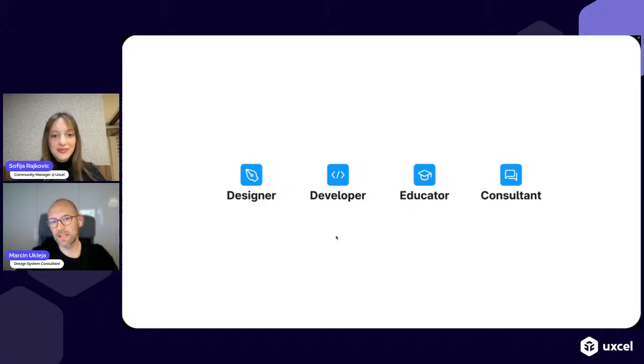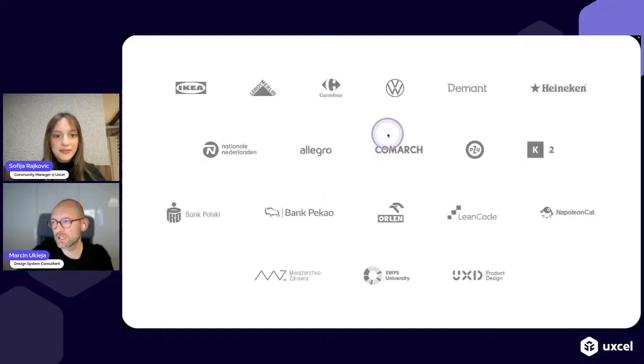And of course, it is related to product design, user experience design, Figma stuff, and so on. And I also help teams, organizations, and individuals as a consultant, usually related to design systems, but also to design operations. So these are my roles. Currently, I work for multiple companies, but I worked for much more of them.